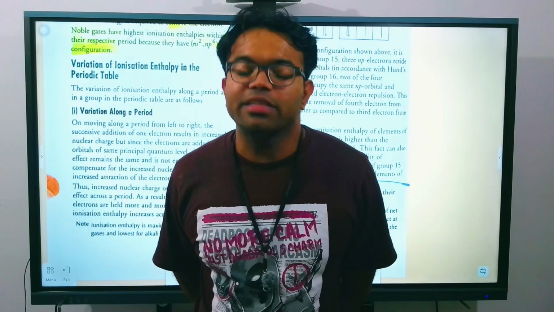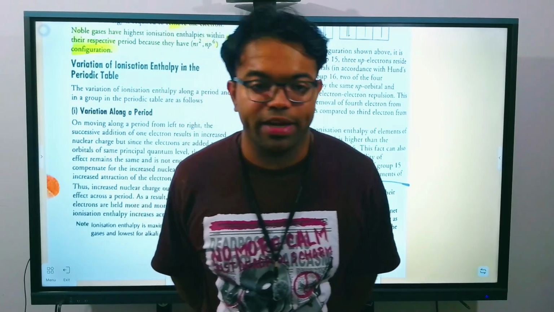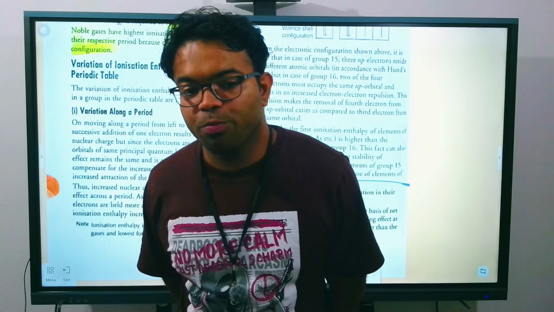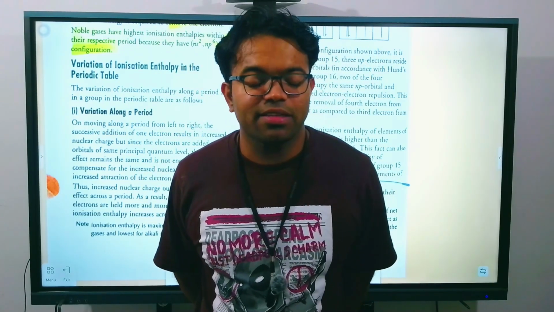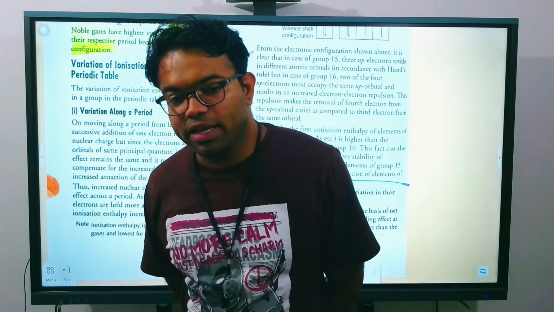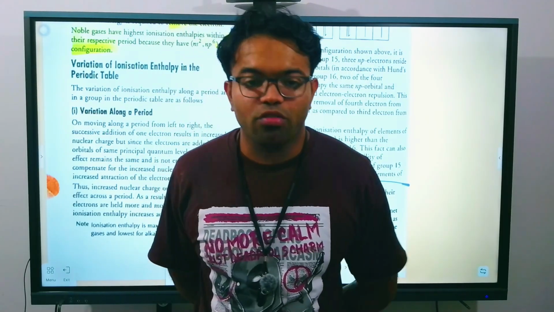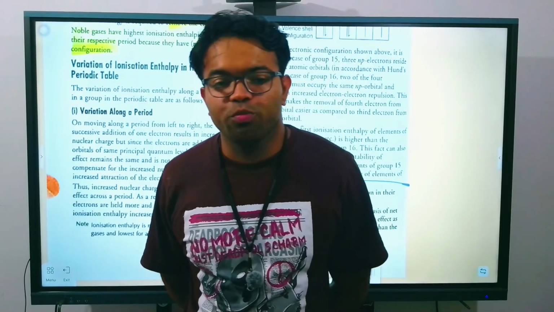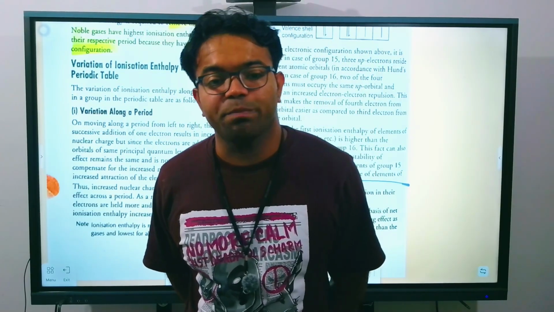The general rule is the ionization enthalpy increases as we go from left to right, that is, as we go from group 1 all the way to group 18. But there is a small change in going from group 2 to group 3 and going from group 15 to group 16 because of these reasons. From group 2 to group 3 it was because of the s character, because s has a higher penetrating power.